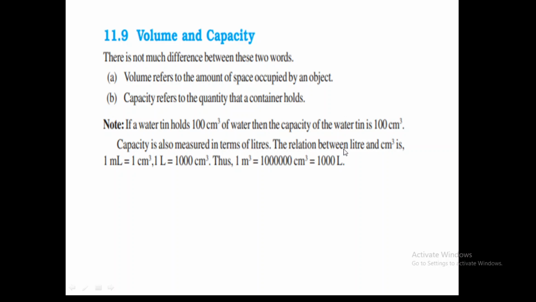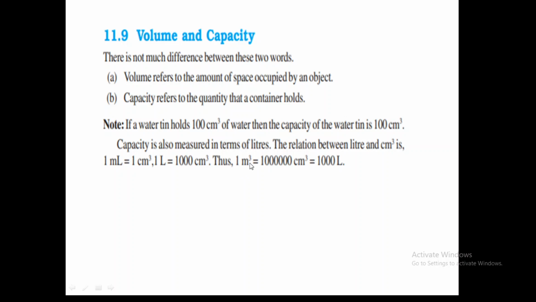So we want to know the relation between liter and centimeter cube. In 1 centimeter cube volume there is 1 milliliter of liquid. In 1000 centimeter cube volume there is 1 liter. In 1 meter cube volume there are 1000 liters.